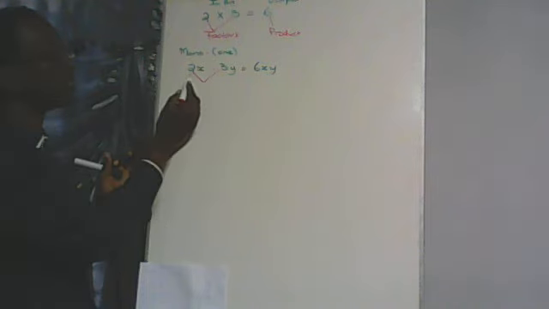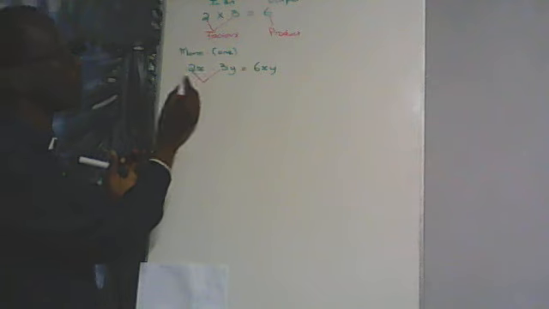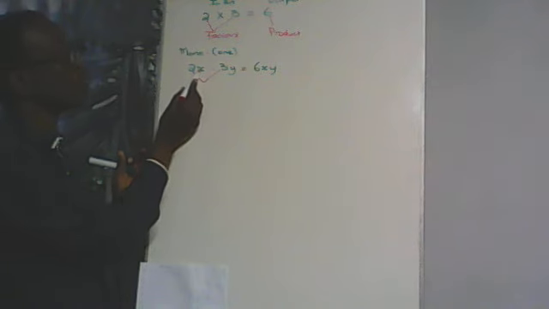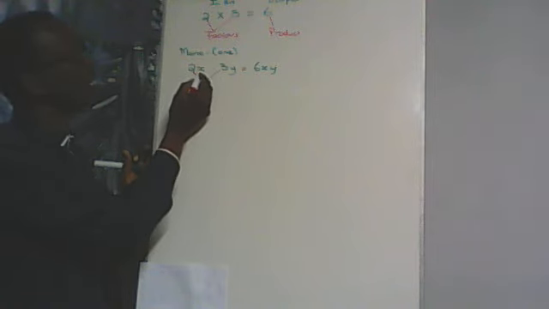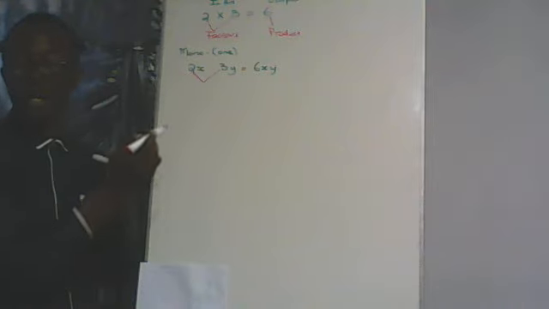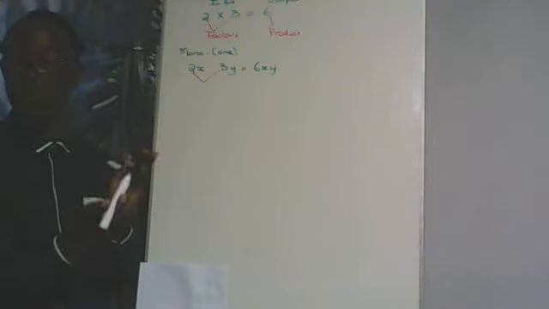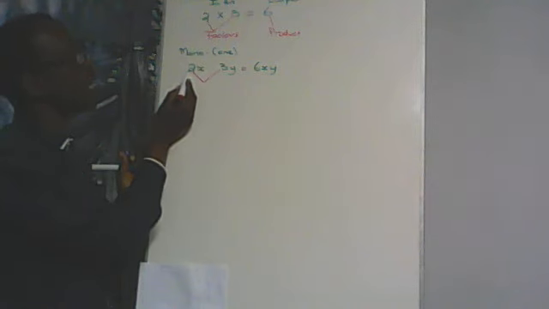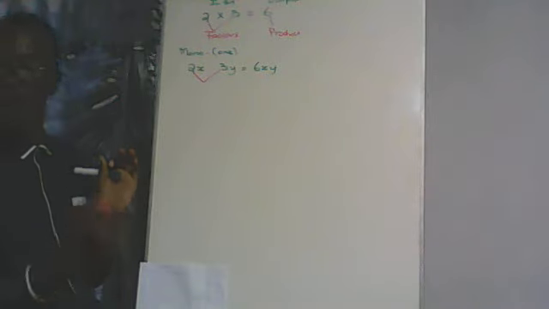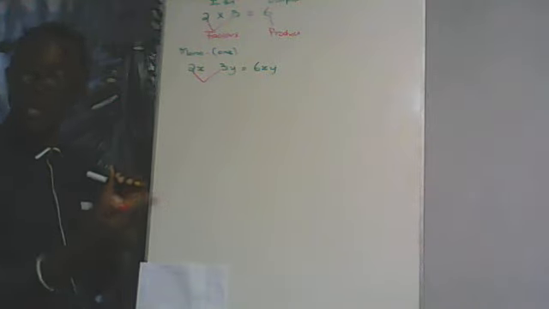This is the numerical coefficient: the numerical coefficient of x is 2, and of y is 3. This is called the literal coefficient because it is denoted by a letter, x and y. Numeral means number, literal means letter.